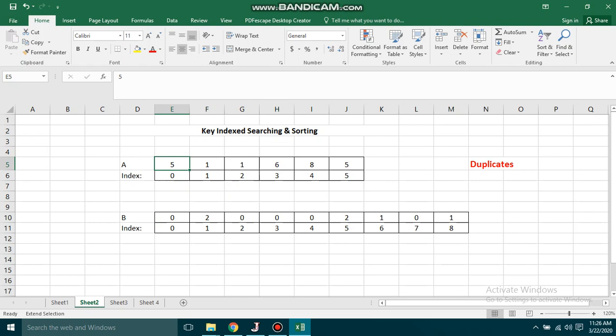So we increment the value at the index of B, the previous value plus 1, to solve the problem of duplicates. This can be one of the techniques for allowing duplicate values.